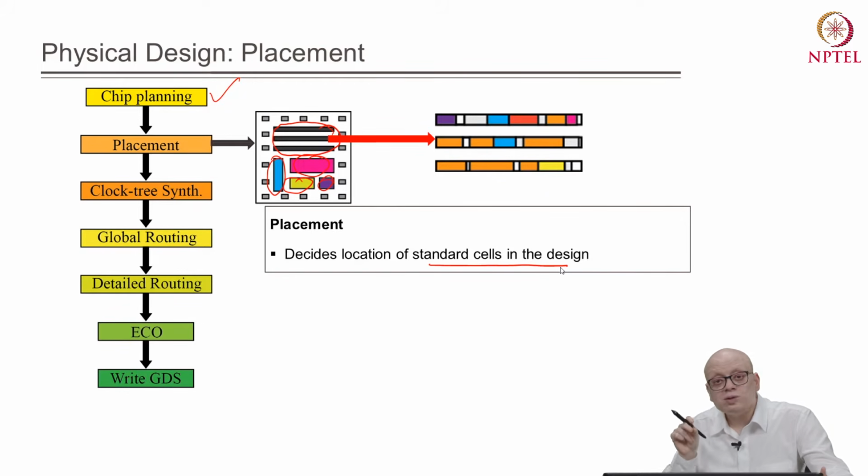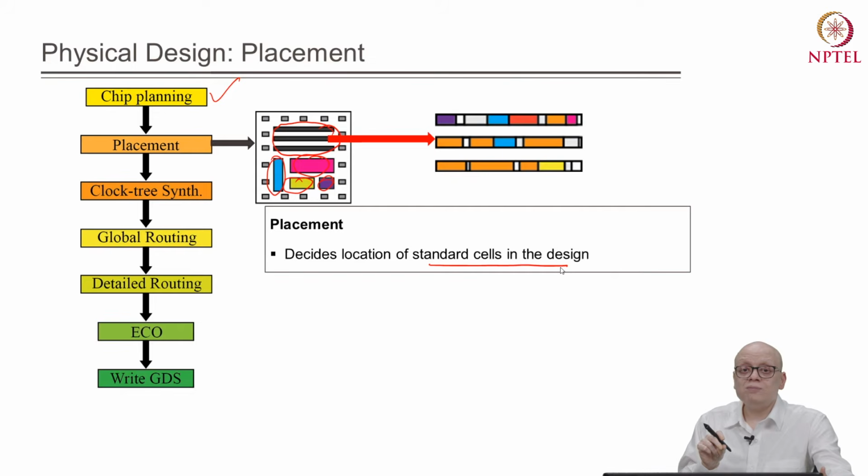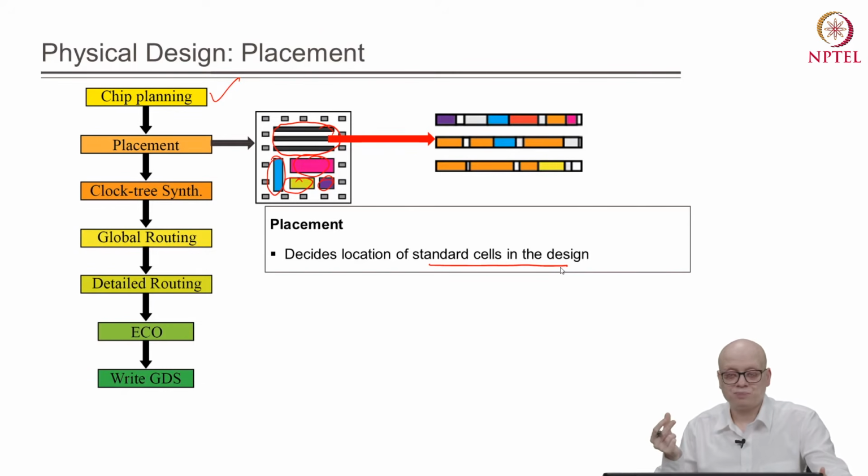Now, what about the standard cells? Typically, when we are trying to find placement for the standard cells on the layout, the number of standard cells can be millions, and therefore, in the placement of standard cells, manual intervention is very difficult. So, the placement step is a highly automated step.